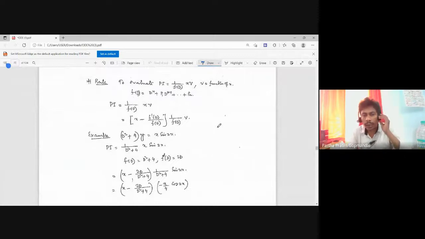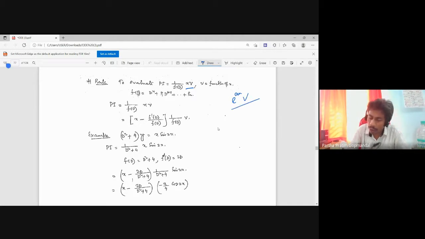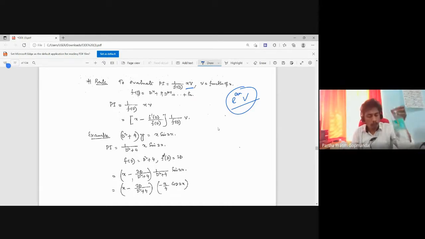So now the another formula that we have to discuss, that is, if you have x into v. Instead of the earlier function e to the power x into v, now we are considering x into v, any function of x. So I have directly written here the rule. You please check whether this rule works well or not.